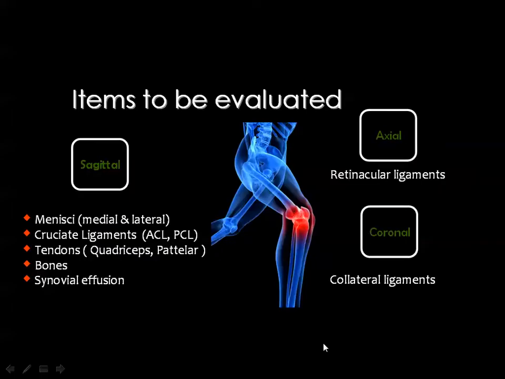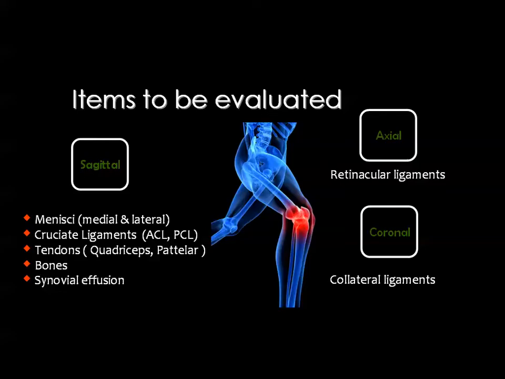Then this is one of the most important issues to be understood while you are dealing with imaging of any joint all over the body. There should be a method, or there should be a way to go through the joint and know the anatomy and also predict the different pathologic issues.